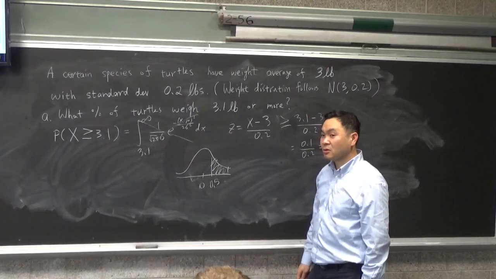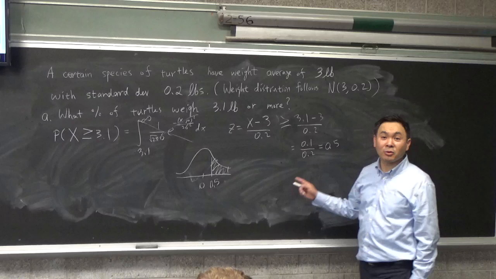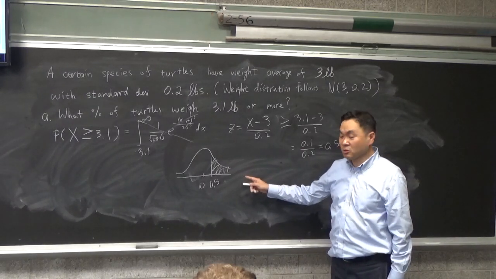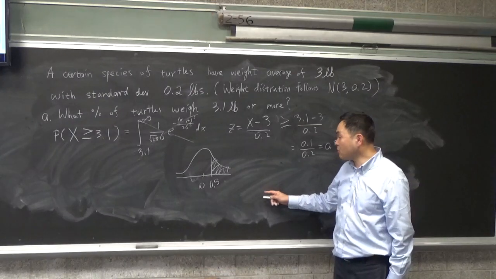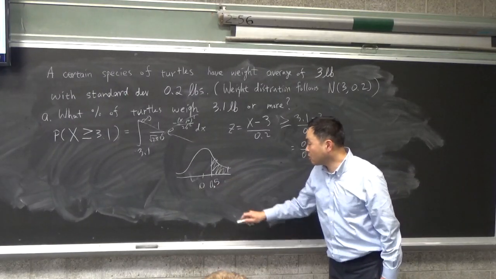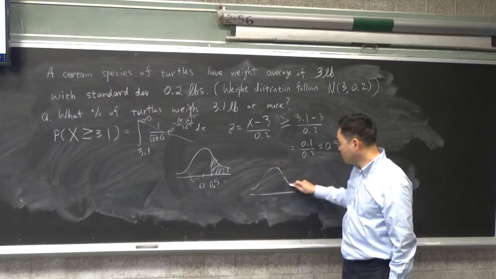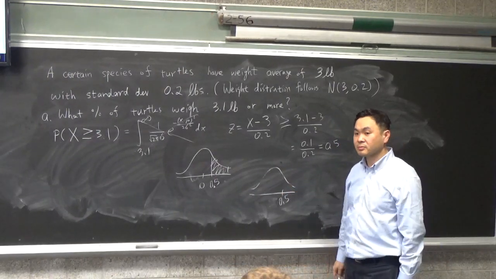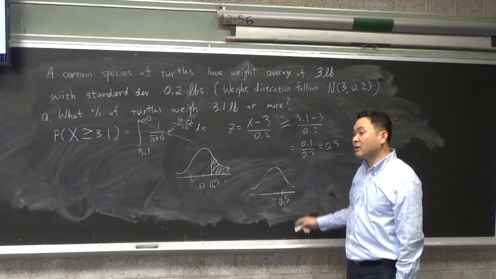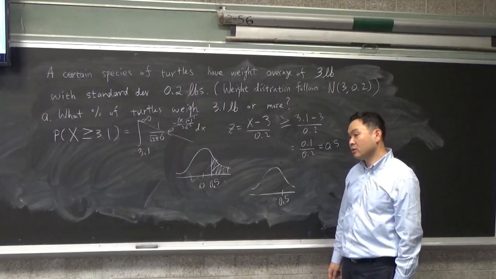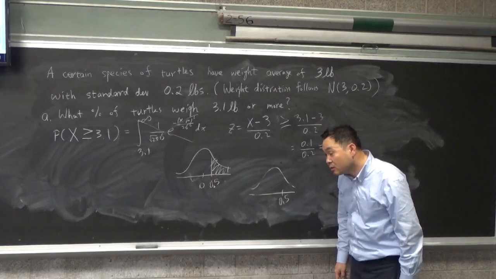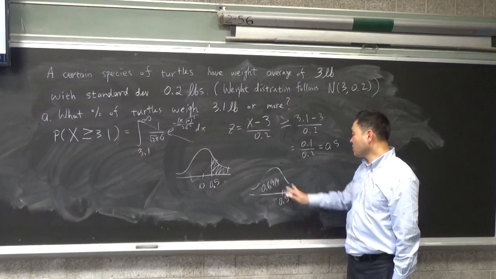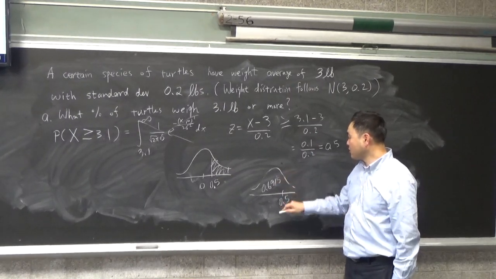All right, so using the table, can you find the value of the area under the curve for 0.5? What's the value? 0.69146. Okay, so I'll say 0.6915.